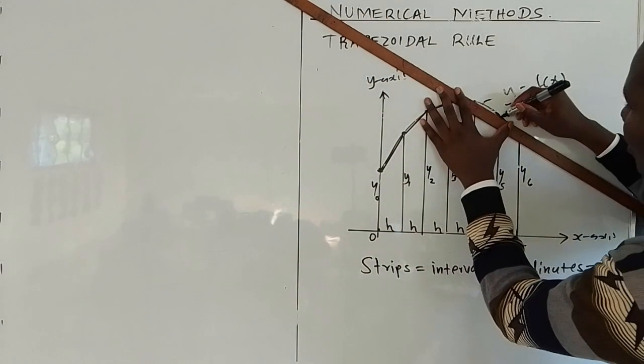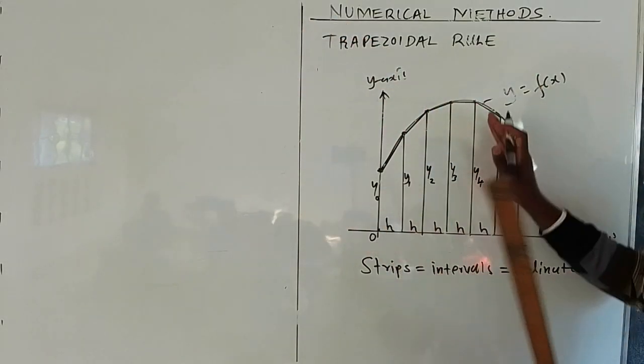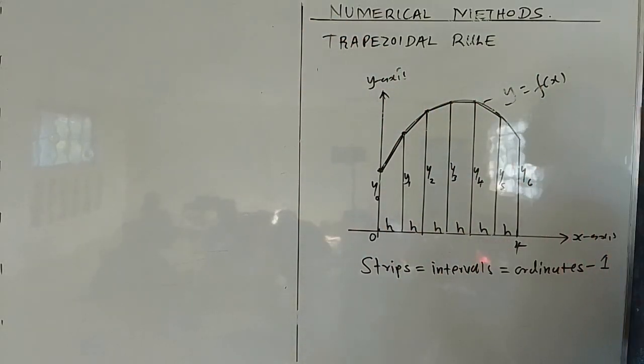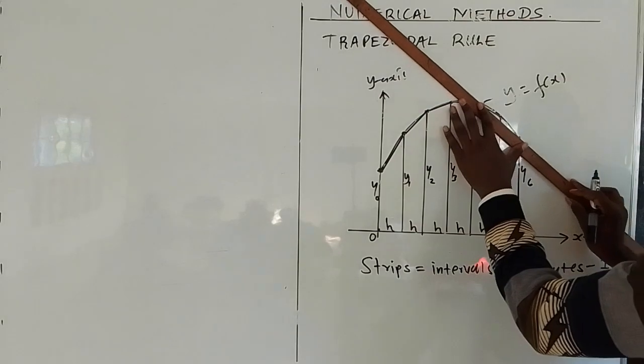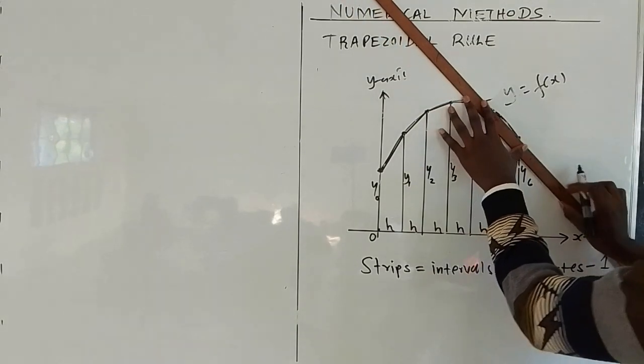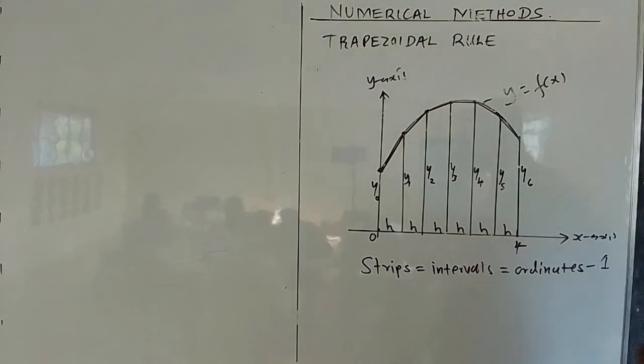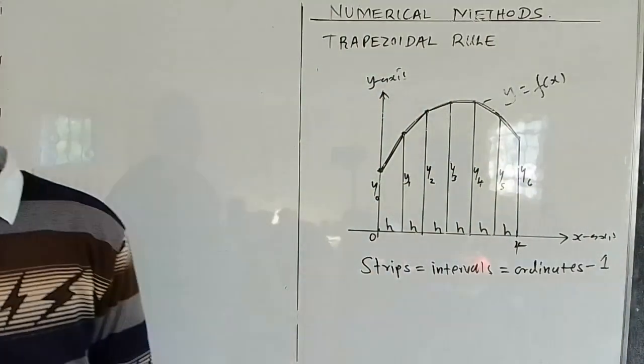Then this section again, you join to form a trapezium, and its area will be approximately the area under that curve. Here again, you join the 2 dots to form a trapezium, and the area of that trapezium will be approximately the area of that strip, isn't it?